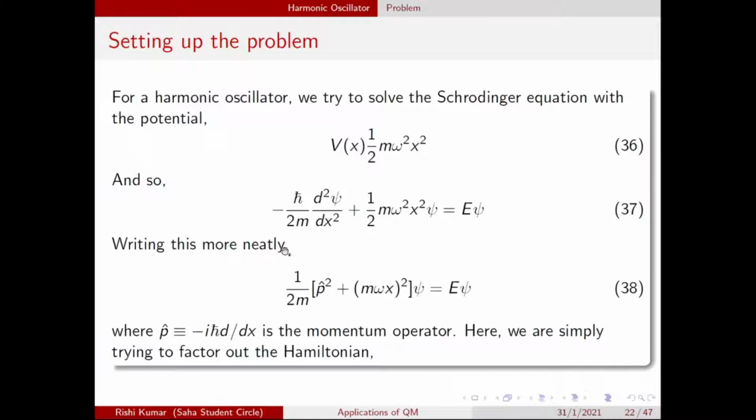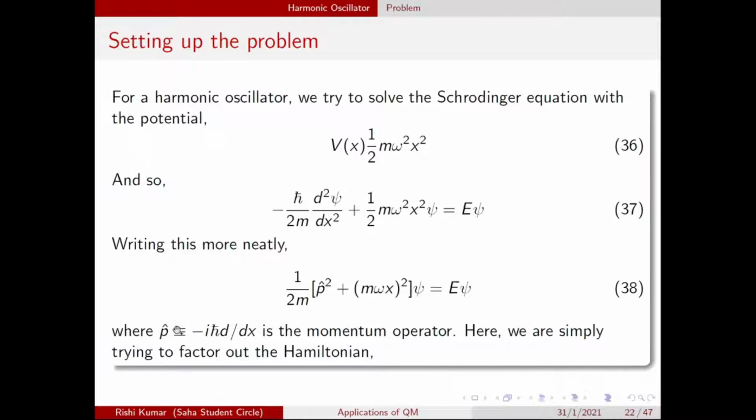We are writing this in a more elegant form in terms of brackets. Not commutator brackets, just normal brackets, sorry, my bad. So we're factoring out the 1 by 2m outside, and we have p hat squared plus m omega squared x squared acting on psi equals E psi.